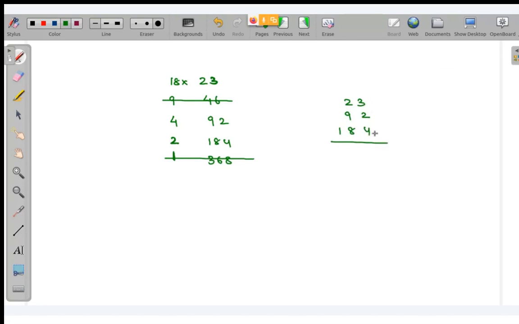Just let me get it correct. 9, 19 and 1, 299. So what is the answer? We get 18 into 23, that is 414. 299 we don't get. I don't know why I am not getting it. Means I was actually fascinated by this, but I am not getting it.